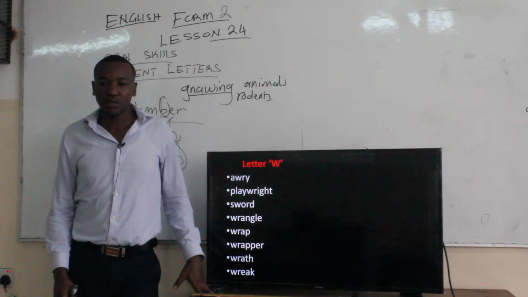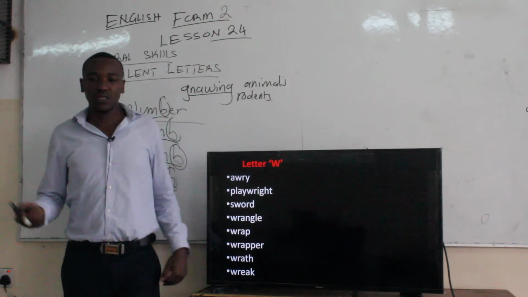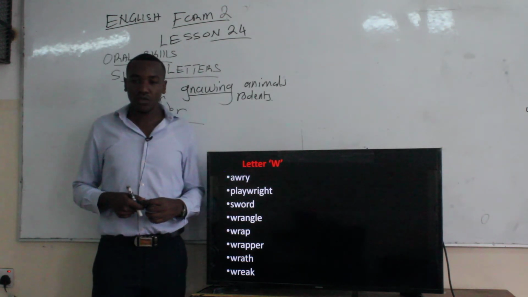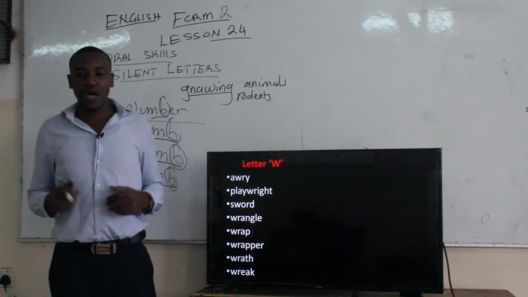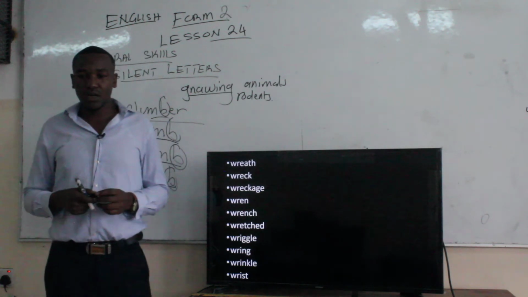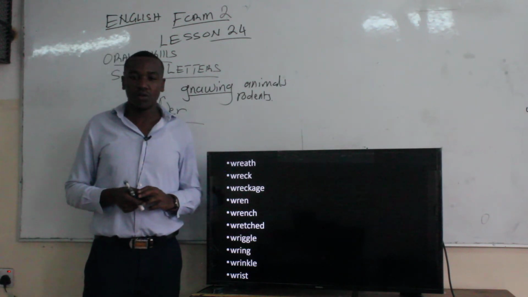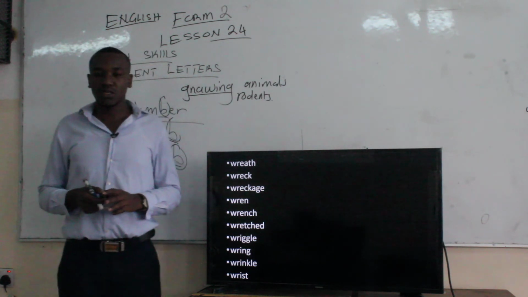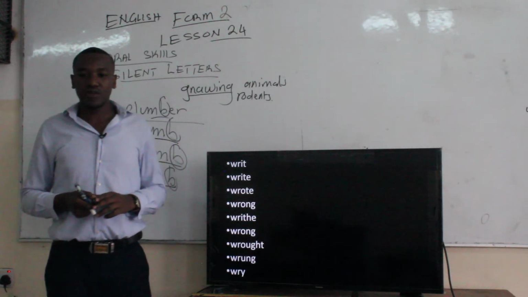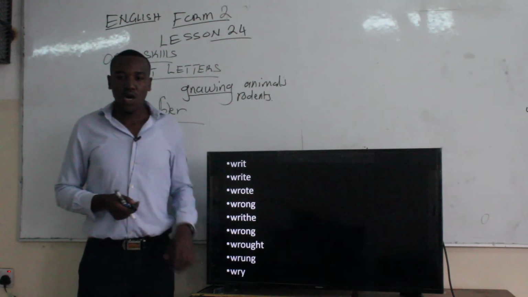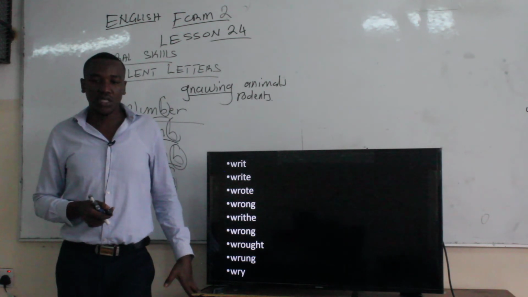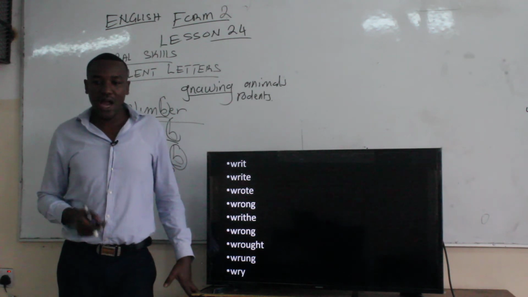Letter W. We have playwright, sword, wrap, wreckage, wrench, wrinkle, wrist, write, wrote, wrong, wreck, wren, and rhyme.